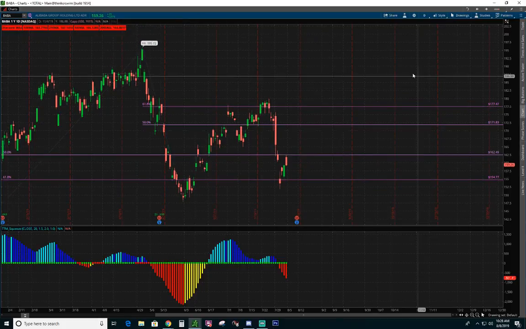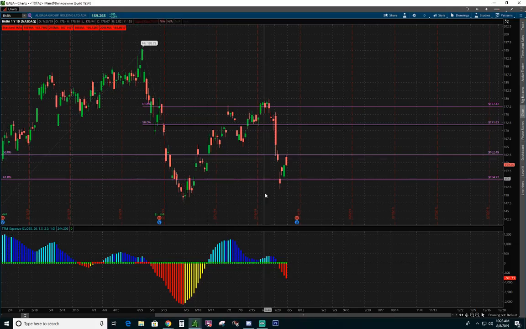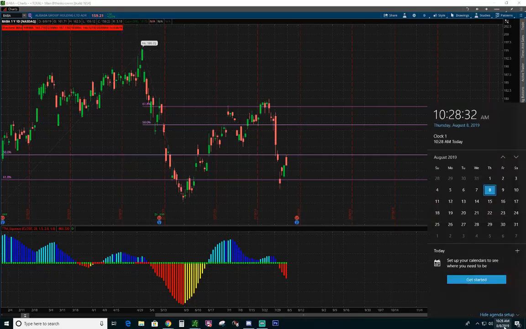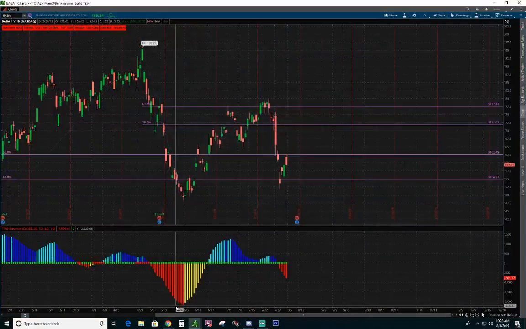Baba seemed to have found some decent support down here. Is there any 160s? Excuse me. When was earnings? Earnings is coming up on the 15th. That's next week. Ooh, 7 days from now.